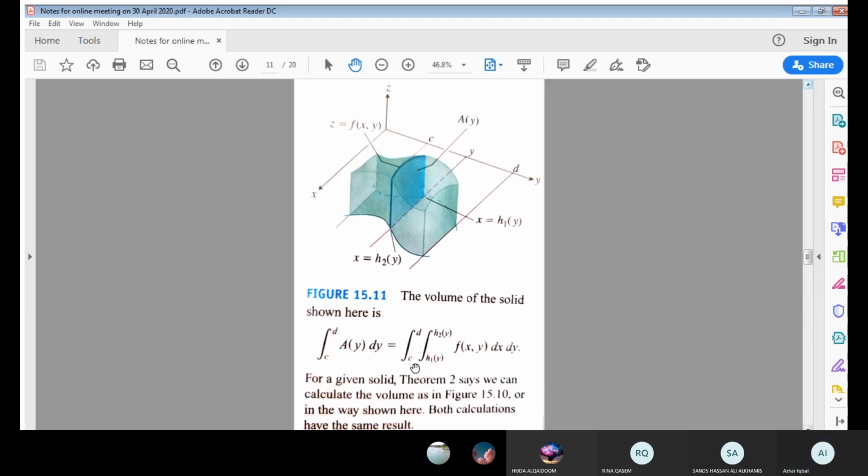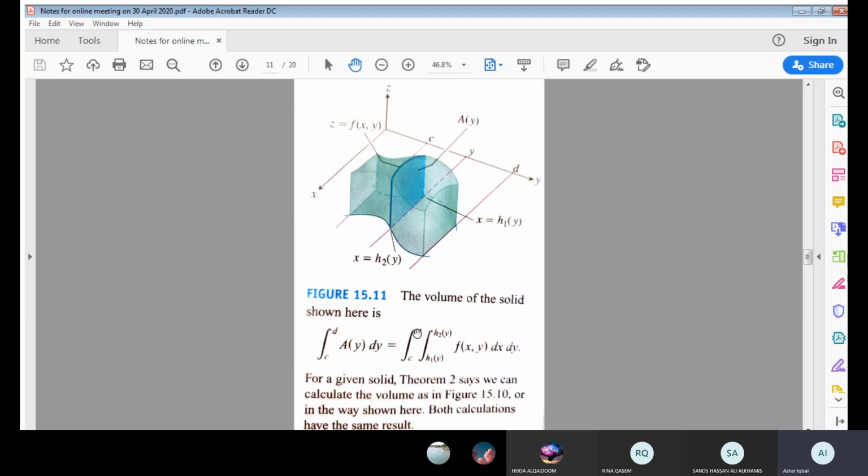So the volume of the solid shown here is given by integrating A(y), the cross-sectional area, the blue one, multiplied by the differential change in y, dy, and integrating from c to d.